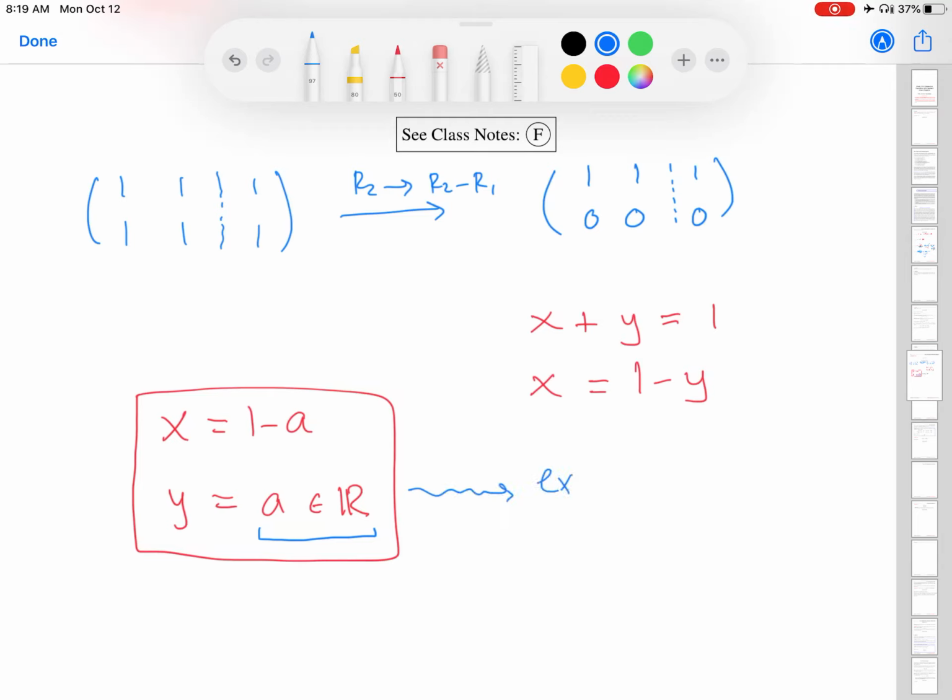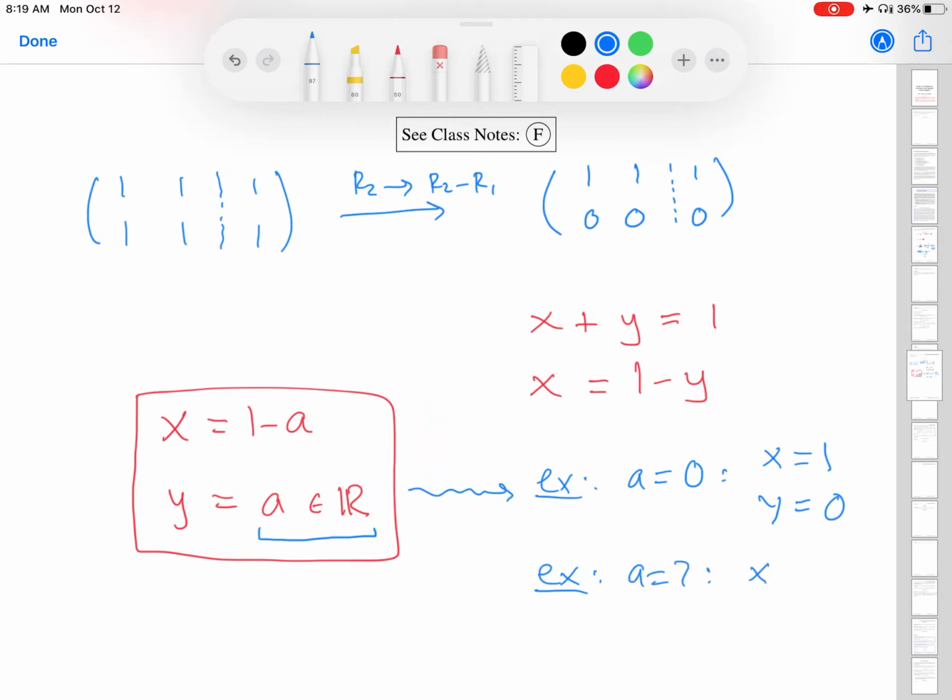For example, let's say 0 is your favorite number. For a equals 0, x equals 1 minus 0, so that's 1. And then y equals a, in this case 0. Great, so that's a solution. Another example, let's say someone else's favorite number is 7. Fine.